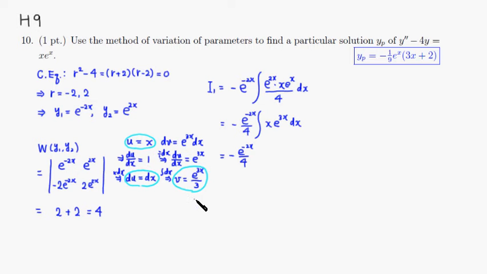Then integration by parts, I'm going to put the curly bracket: u times v is 1/3 x e to the 3x, minus the integral of v du, so e to the 3x over 3 dx.